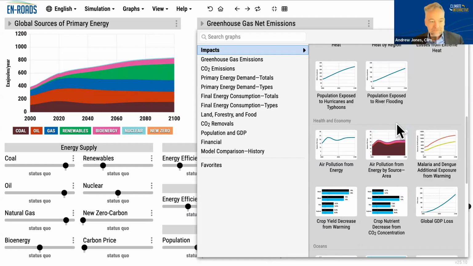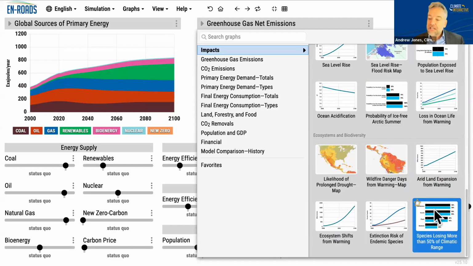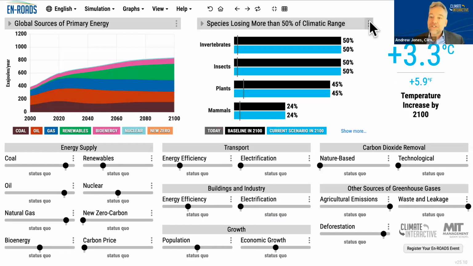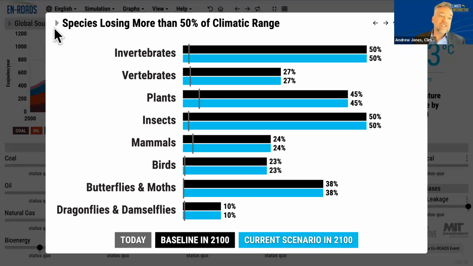We have biodiversity. So biodiversity, the best way to measure it is here with just how species are doing. And here we can see what percentage of species are losing more than half of their range because of changes in ecosystems. For mammals, it's up to 24%, birds 23%.